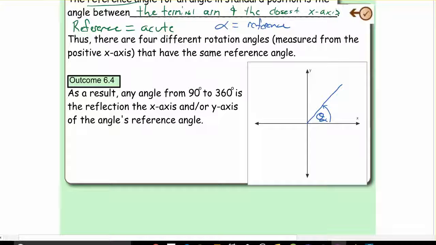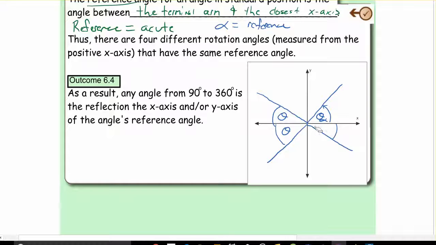But you can see that we've got an exact same angle over here, and another exact same angle over here and over here. There are 4 possible exact same angles.